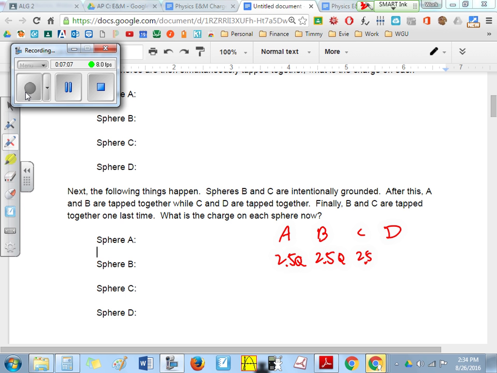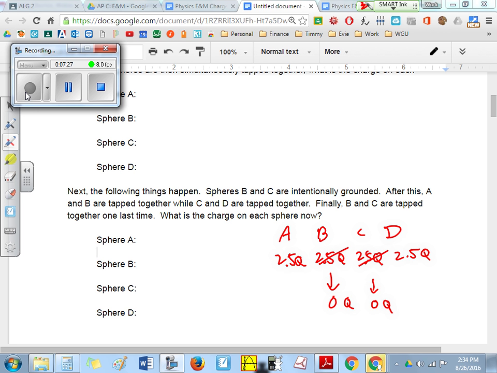But when you touch those spheres to the ground, they lose their charge. So these are now zeroed out.